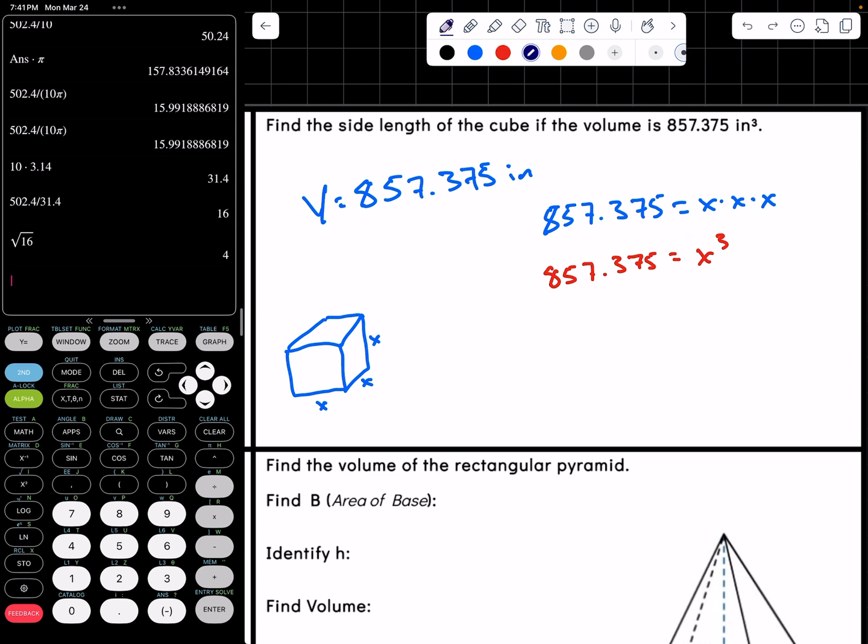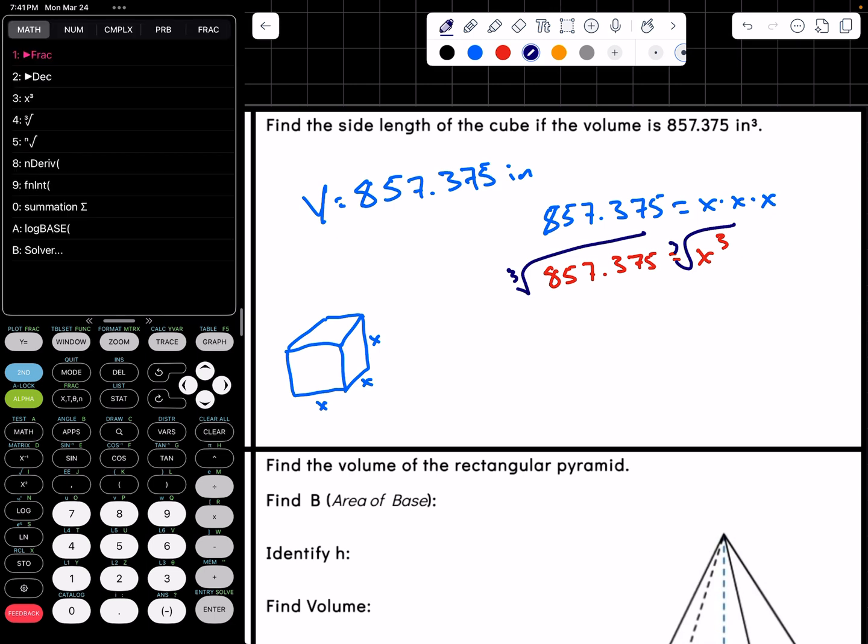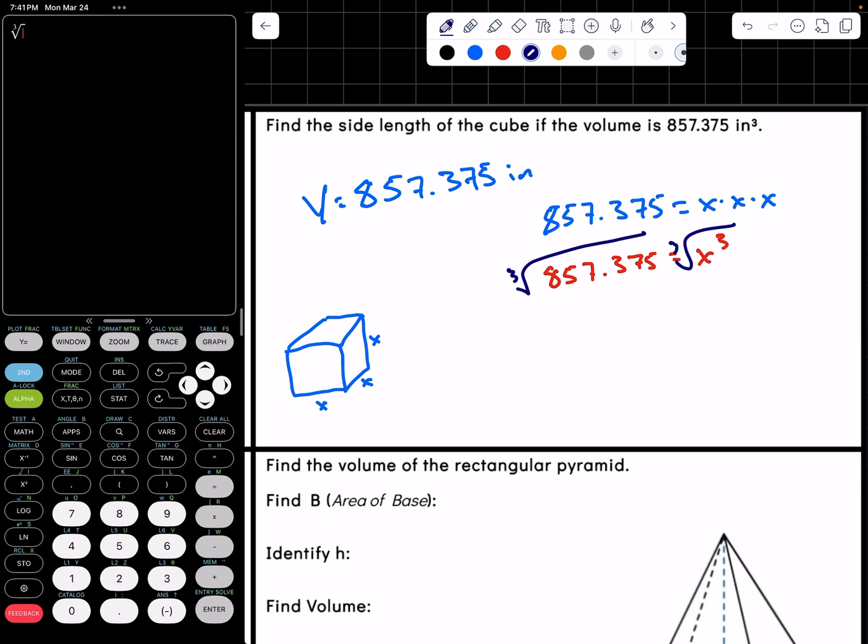Okay? We have this function called a cube root. Where do I find that? I go to second, I go to math. That right there, number 4, is the cube root, 857.375. It would help if I put a decimal instead of a 2.